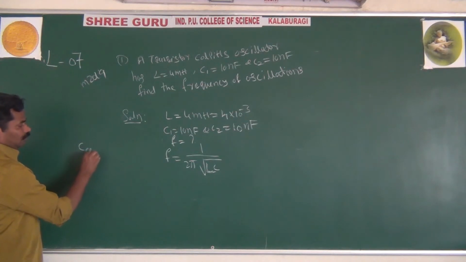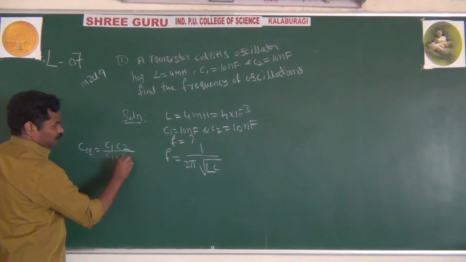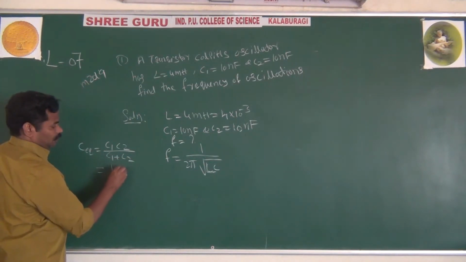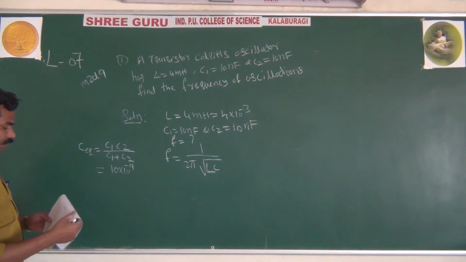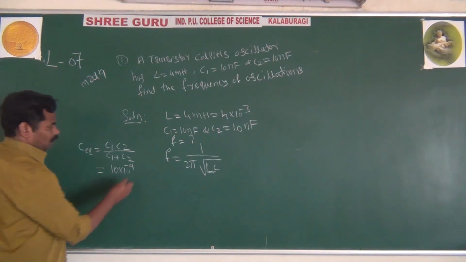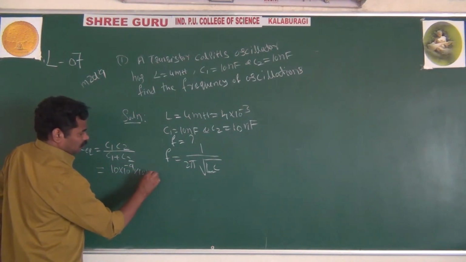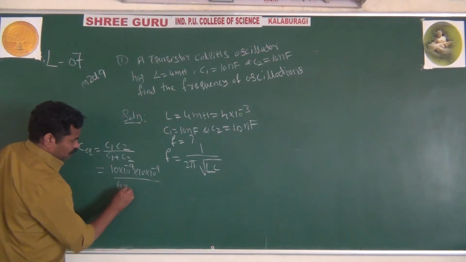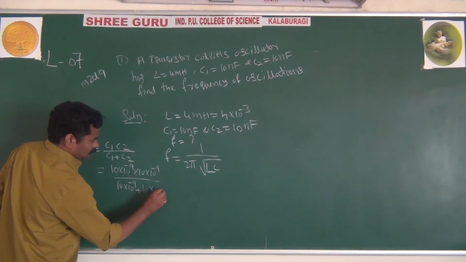C equivalent equal to C1 C2 divided by C1 plus C2. 10 into 10 raised to minus 9, because we know nano is 10 raised to minus 9, divided by 10 into 10 raised to minus 9 plus 10 into 10 raised to minus 9.